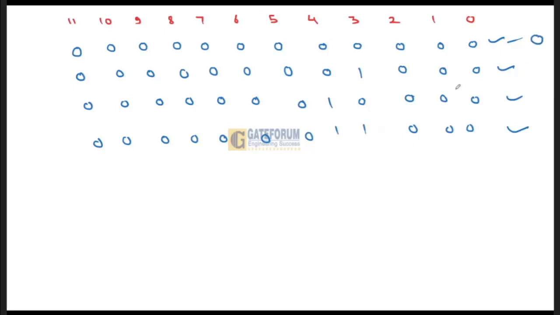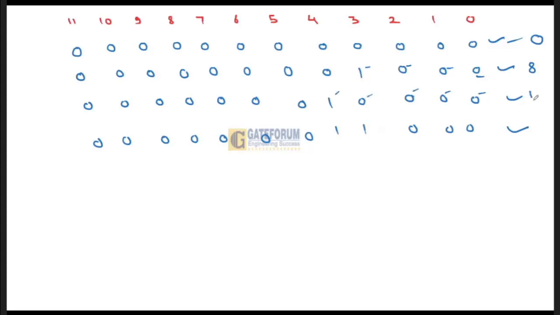Now what is the value of this second one? You can see, it is how you convert binary to decimal. You multiply this value with 2 to the power 0, then 2 to the power 1, then 2 to the power 2, then 2 to the power 3, right? So it is 8. Similarly, here 2 to the power 0, 2 to the power 1, 2 to the power 2, 2 to the power 3, 2 to the power 4.